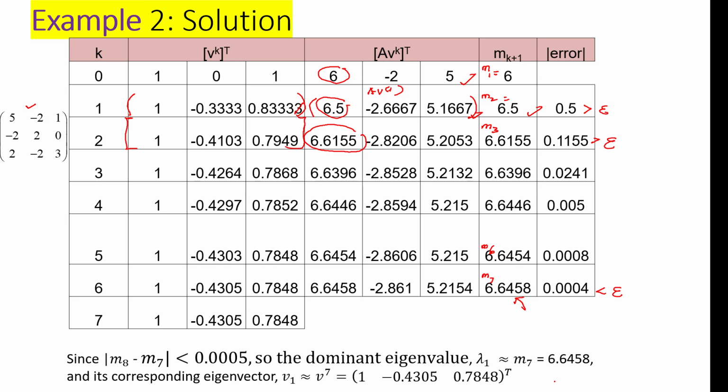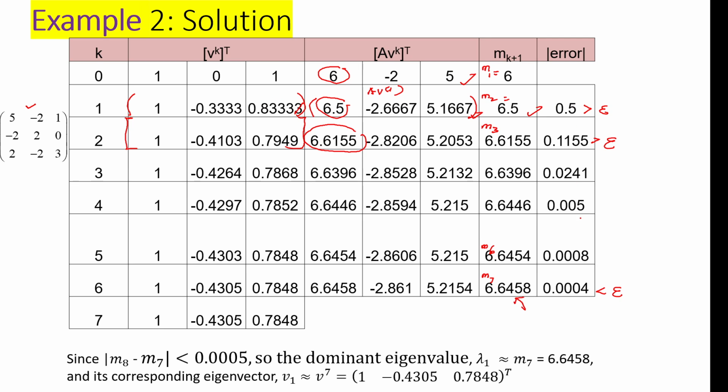So the concept is easy, you just have to do matrix multiplication AVk. Given V0, you find AV0, determine M1. Later on, take your AVk divided by your Mk. You get V number 1.